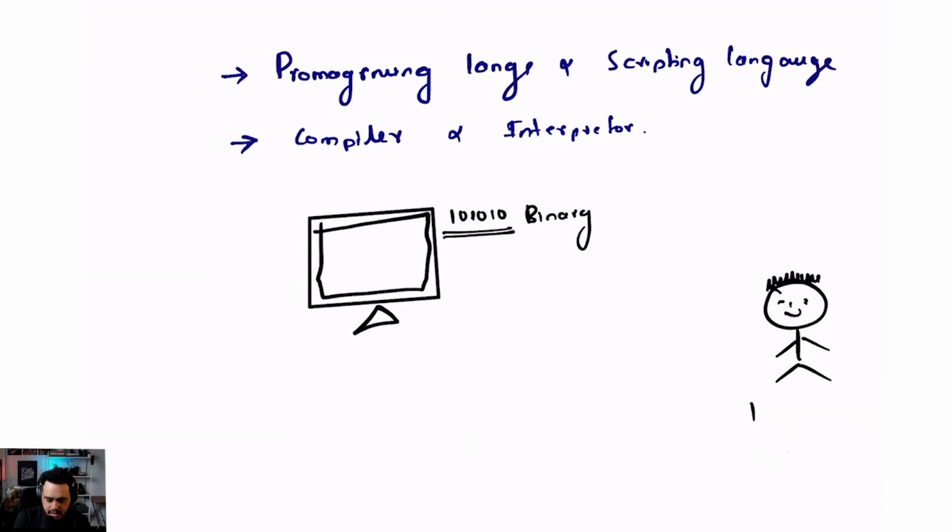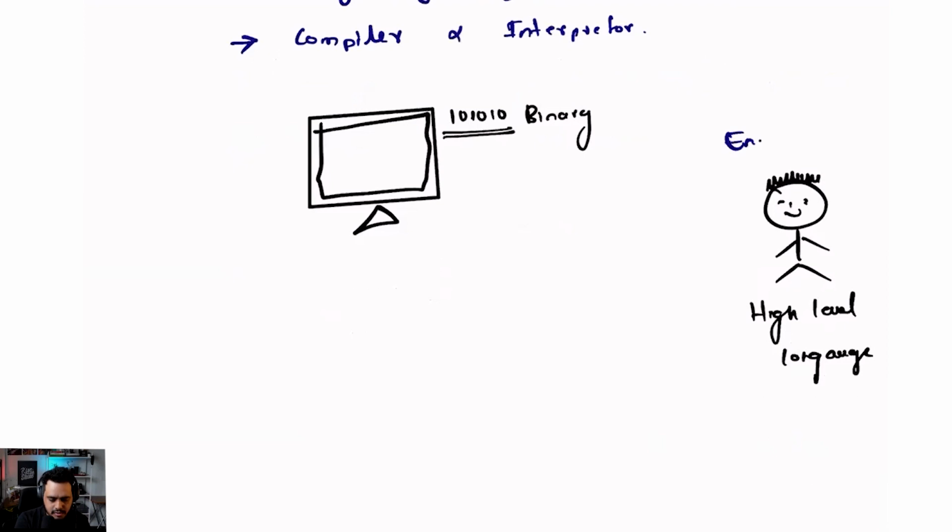We understand something called high level language. What is this high level language? It can be anything, right? English, Kannada, Hindi, Marathi, Japanese, Chinese, etc. Now, I want to tell this computer, hey computer, print hello.